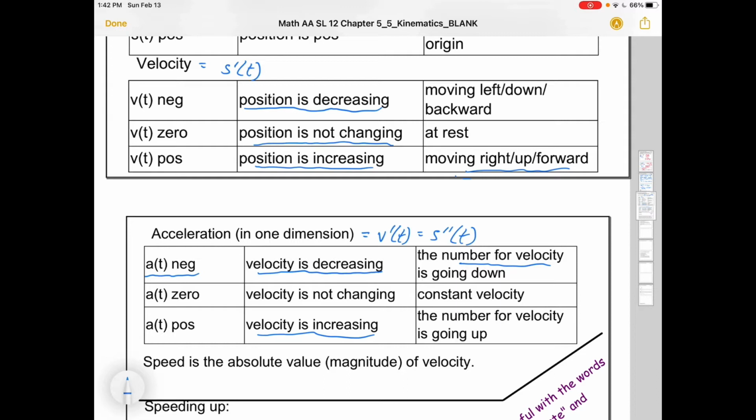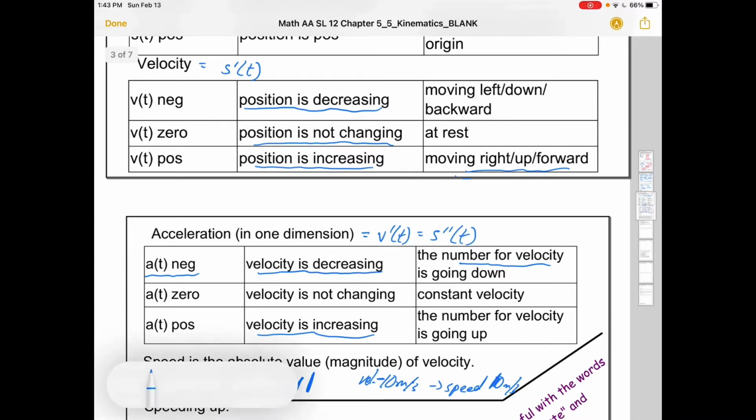So let's define speed now. Speed is the absolute value of velocity. And if you've done some physics, that probably looks familiar. Maybe you had a vector on the v. Okay, so if the velocity is 10 meters per second, that's velocity, then speed is also 10 meters per second. If velocity is -10 meters per second, speed is still 10 meters per second.